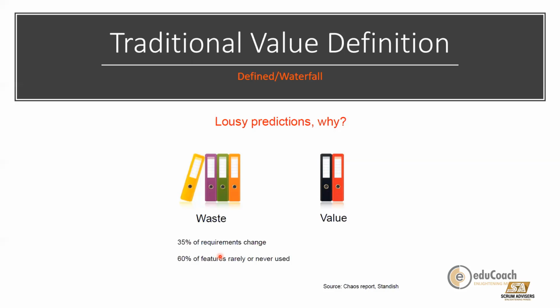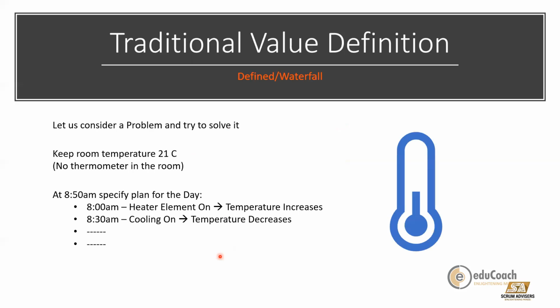Now, let's consider a small, very practical example that we have in our everyday life. Our requirement or problem is that we need to keep the room temperature at 21 degrees centigrade. We have a heater element in the room, and we can assume that the outside temperature is roughly 15 degrees centigrade. And we have no thermometer in the room.